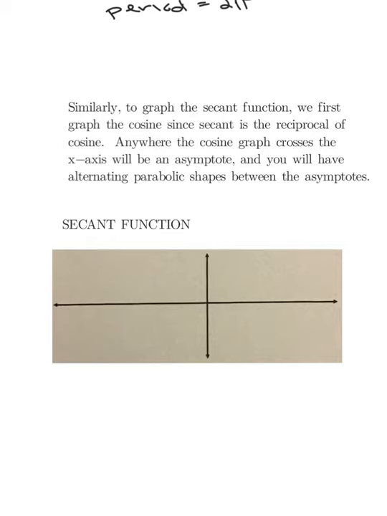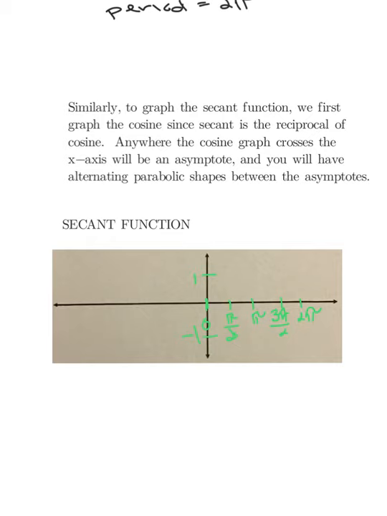So the basic values on a cosine function are 0, pi over 2, pi, 3 pi over 2, and 2 pi. Amplitude for a cosine function is 1.